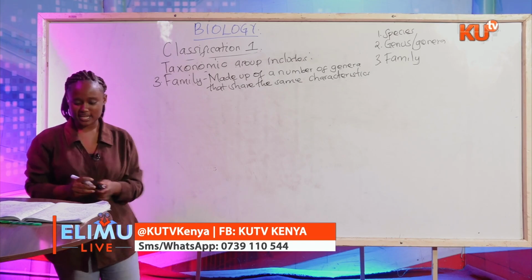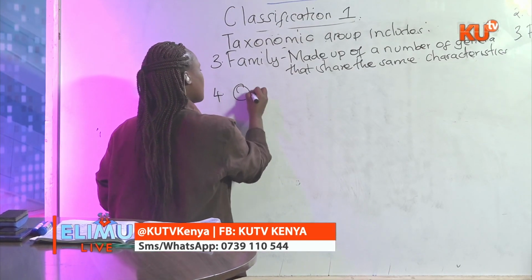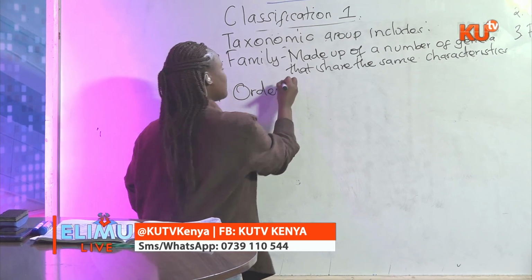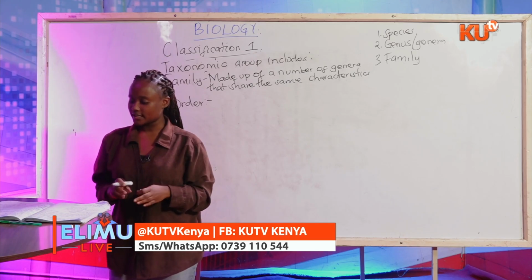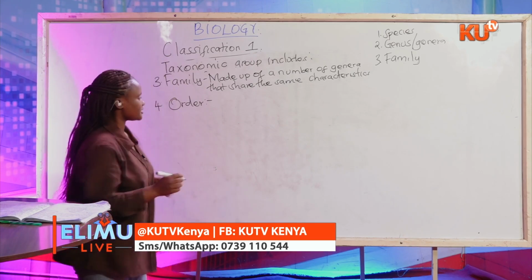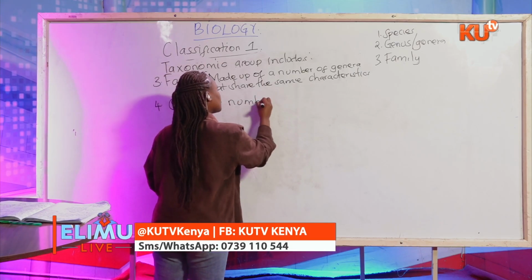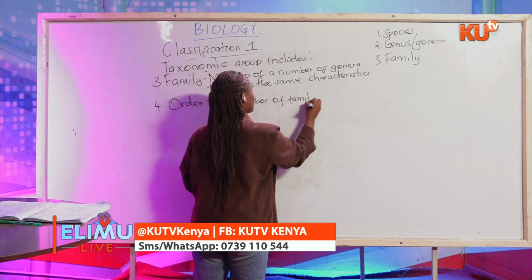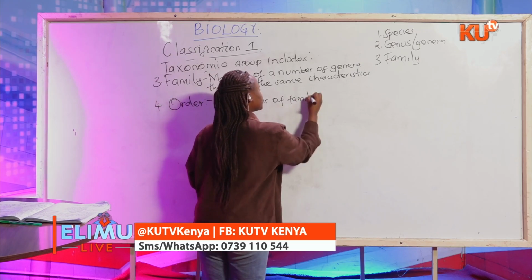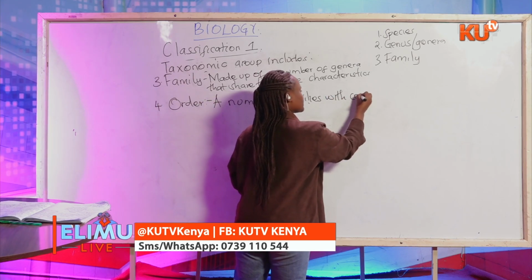That is family. Now we go to the fourth one, which is order. After family, we have order. A number of families with common characteristics.